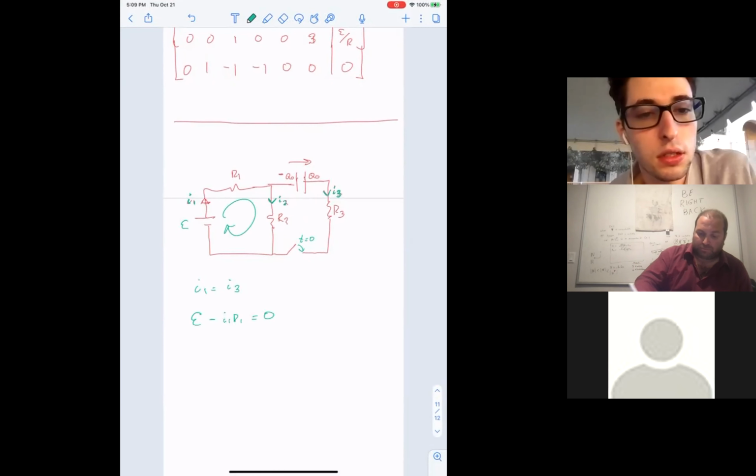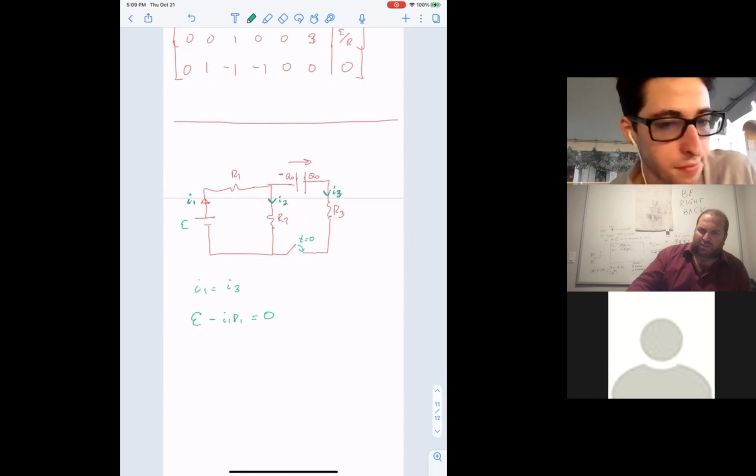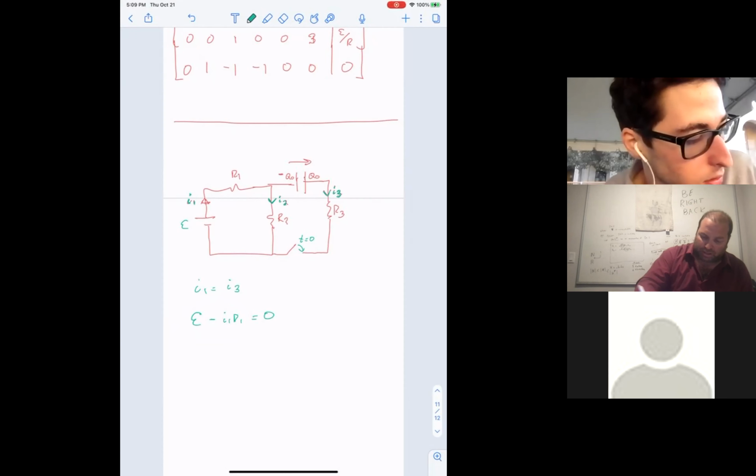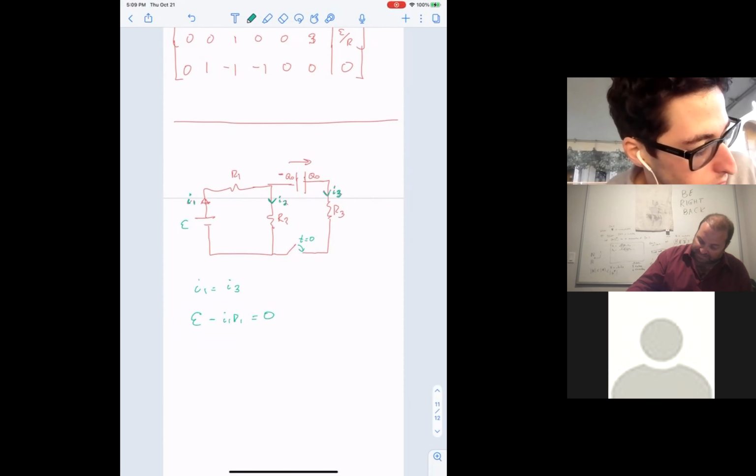Why are you doing that one? Because nothing goes through there, since I2 is 0, so it's like an open. But you've got a battery, so that's why I have a connection between I1 and R1. Oh, I get it.